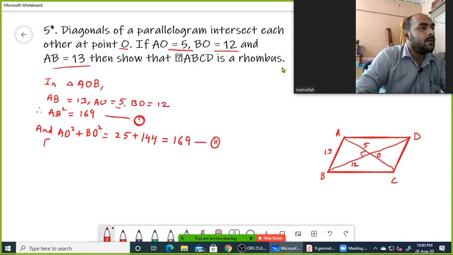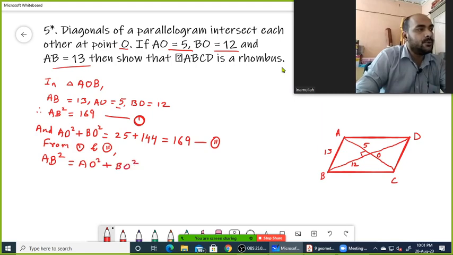So from 1 and 2, I can say that AB square is equal to AO square plus BO square. Look at this. The square of AB is equal to the sum of squares of the remaining two sides AO and BO in triangle AOB.